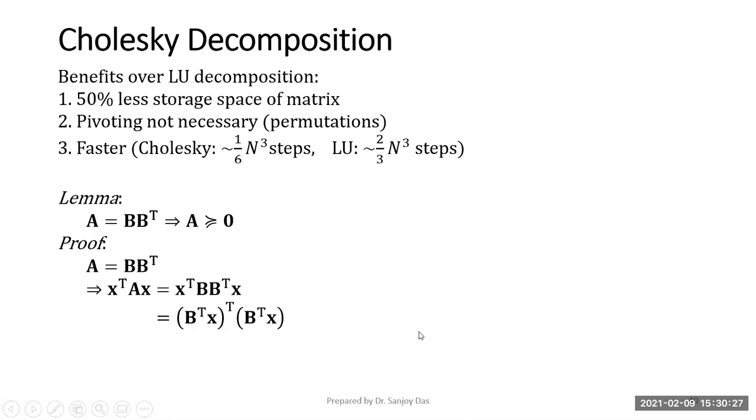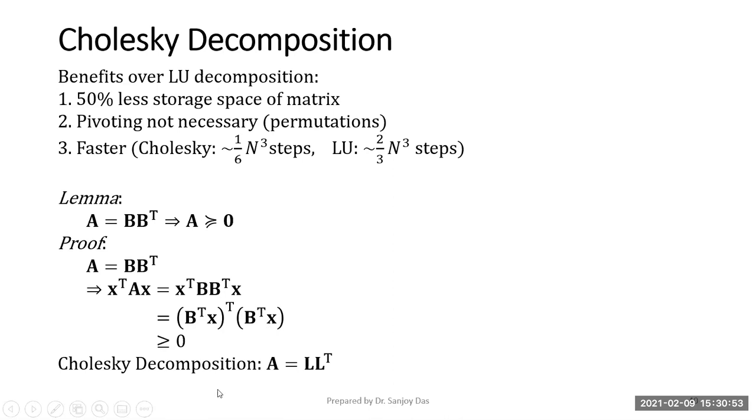And this is basically the squared L2 norm of B transpose X, right? So it has to be greater than or equal to 0, which shows that A is positive semi-definite.